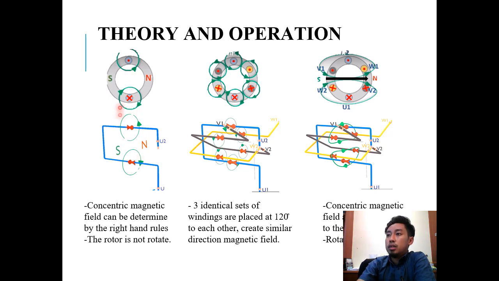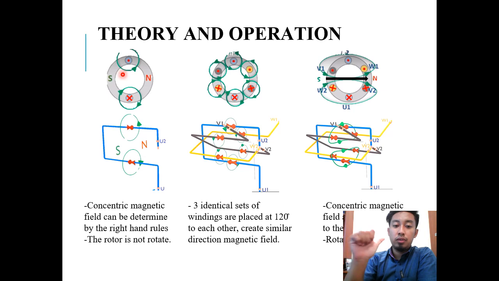There is a cross part here and a dot part here. You can use the right-hand rule, where this is the direction of current and this is the magnetic field. For the cross, the current goes into the page, and for the dot, the current comes out.